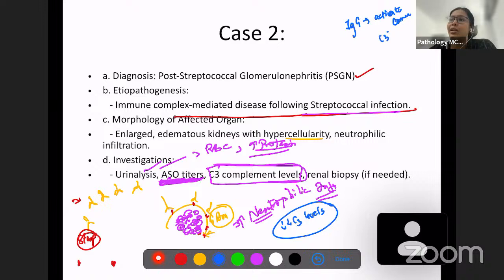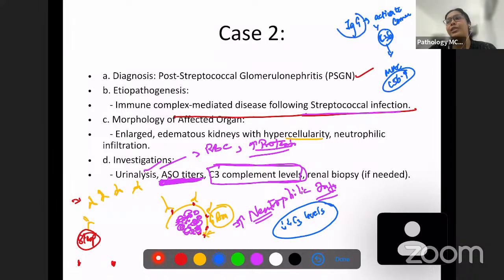Complement C3b is the major part of the classical complement pathway. From your general pathology, C3b will go and produce the membrane attack complex, which is C5b to 9. So breaking down of C3 is the first step of our classical complement pathway.